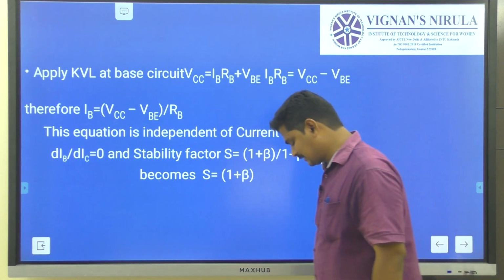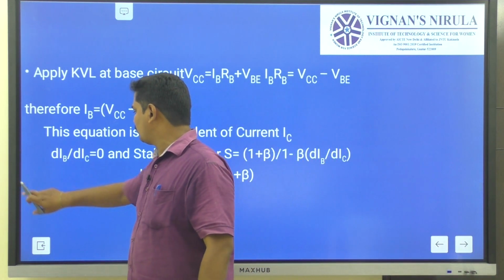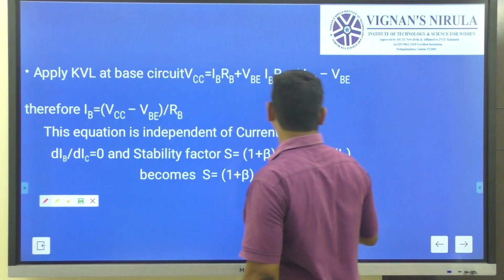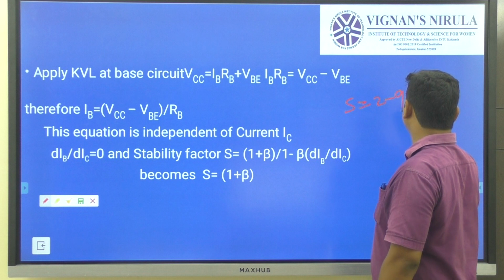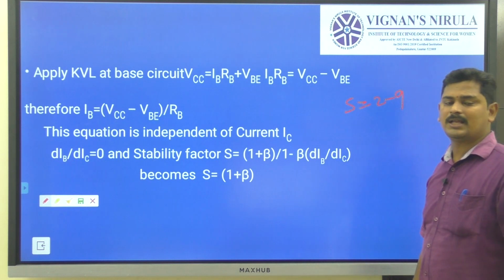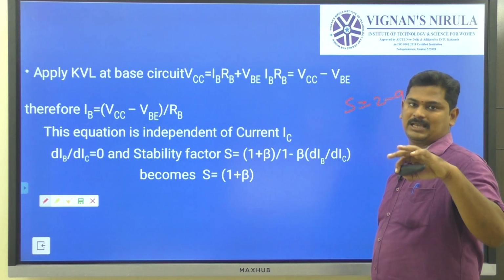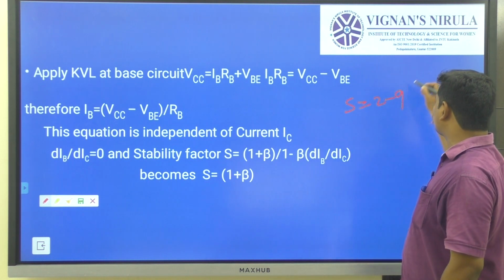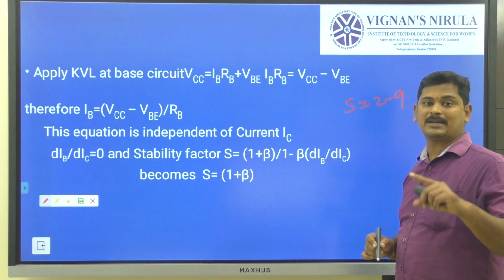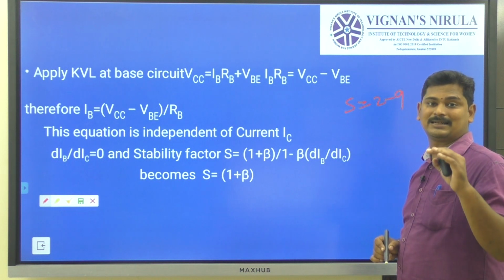Here students, the S value should always lie between 2 to 9. Only then will the Q point be stable in its active region. If the S value increases more than this, automatically the thermal stability will decrease.